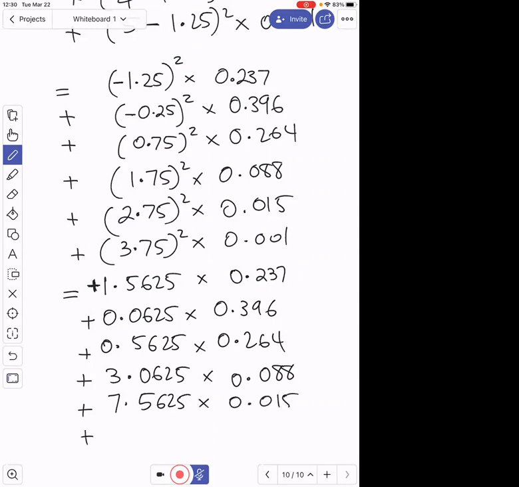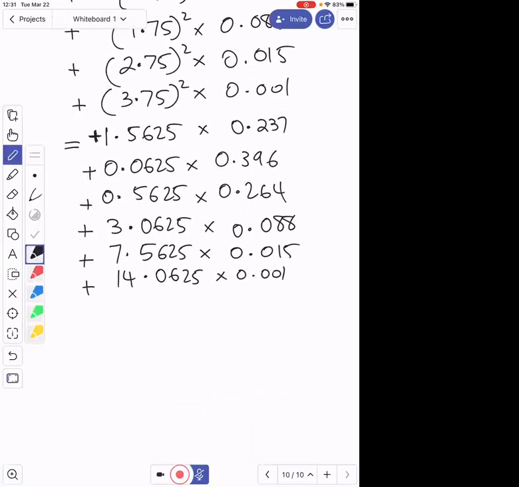And finally, 3.75 squared. So that's 3.75 times 3.75, equal to 14.0625 times 0.001. Okay.